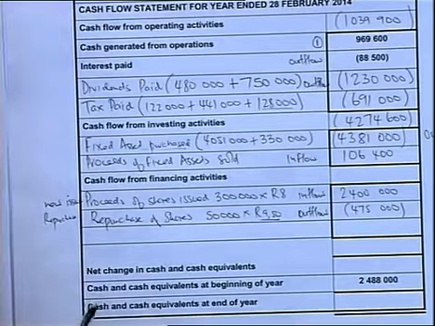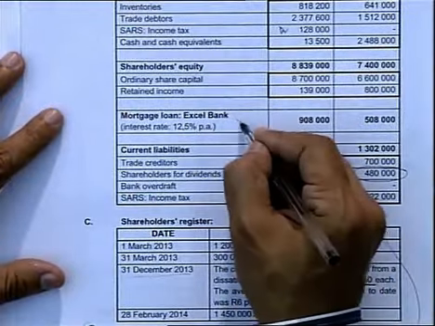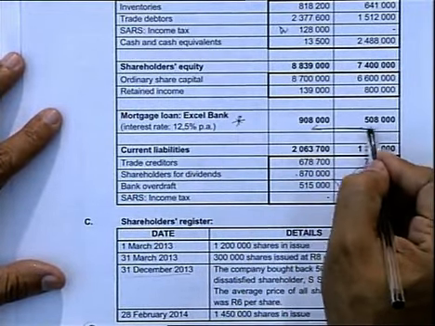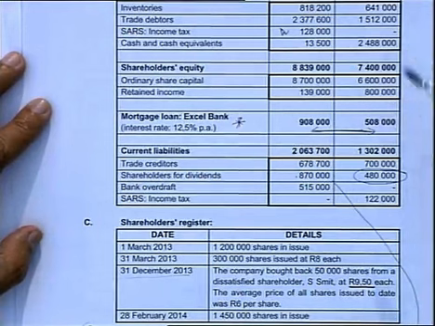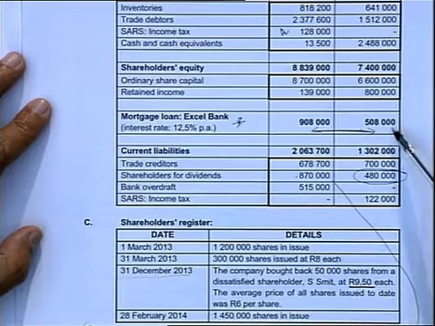But the last part of that particular section for the financing activities has got to do with the loans. So we need to look at what has happened with the loan from the end of last year to the end of this year. Last year, the loan was 508,000, meaning that they ended with that figure last year and they also started with that figure this year.